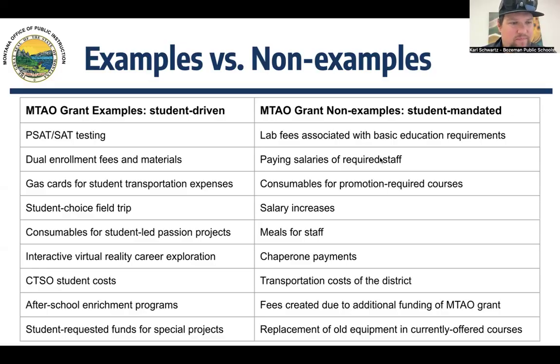So I'm thinking of, like, a freshman earth science class. Every freshman in your school has to take this earth science class. There were lab fees before this, right? So this is not using these funds to say, districts have these predetermined lab fees. Every student has to take the class regardless of what they want to do after graduation. And instead of charging families, or finding other sources to cover the cost, we're going to use advanced opportunities.